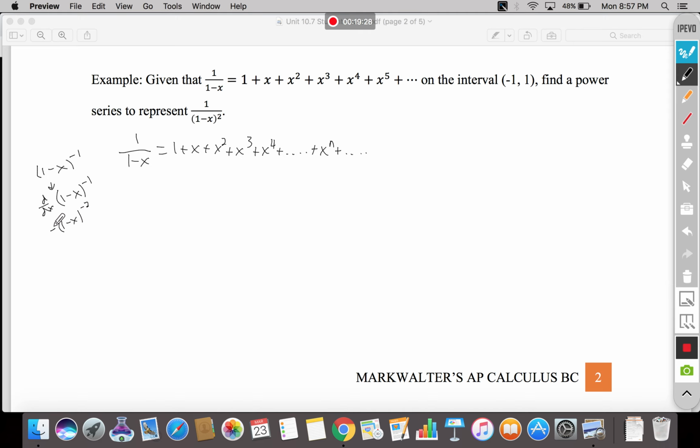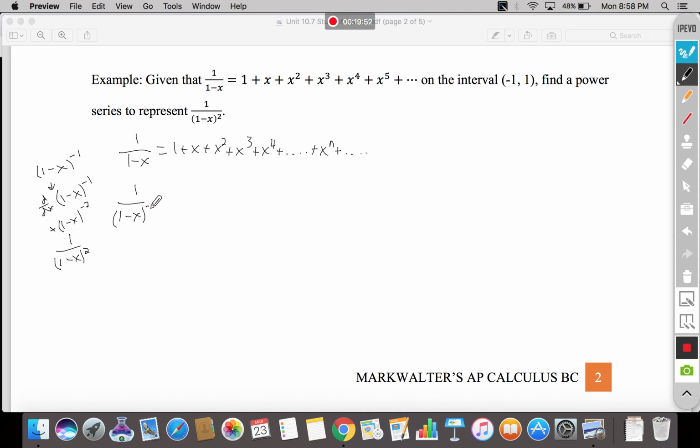The derivative of the inside is negative 1, so that's going to make it plus. Hey, what is this equal to? That's equal to 1 over 1 minus x quantity squared. Hey, that's what I'm looking for up here. Interesting. So, in theory, if I take the derivative of this, I'm going to get 1 over 1 minus x quantity squared.